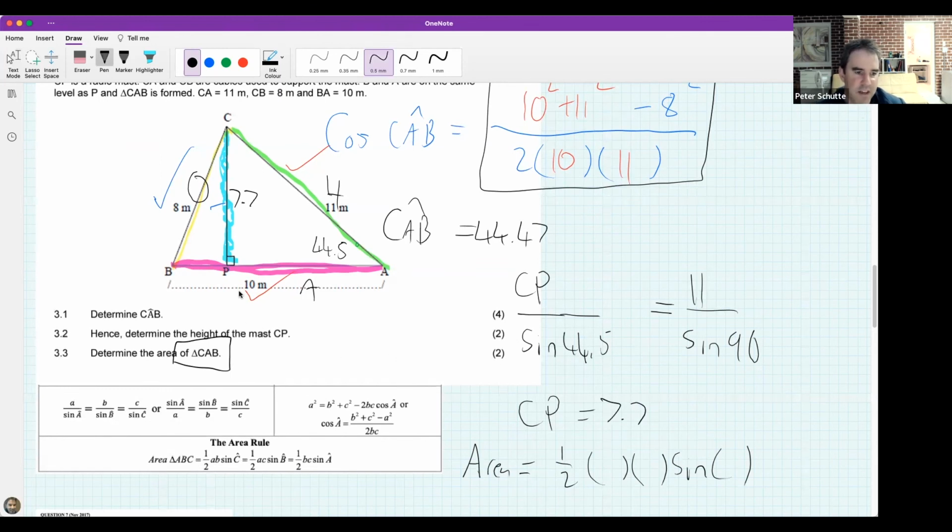So we want to find the area of this whole triangle CAB. And it looks to me like one of these is going to be 10. Another one is going to be 11. And then this is going to be 44.5. So what is my final area going to be?